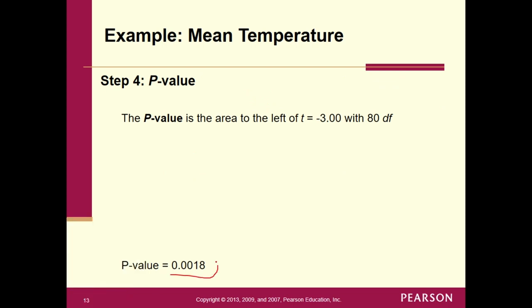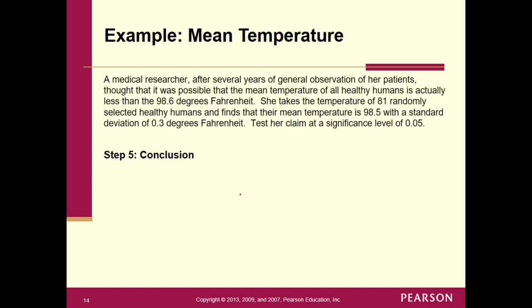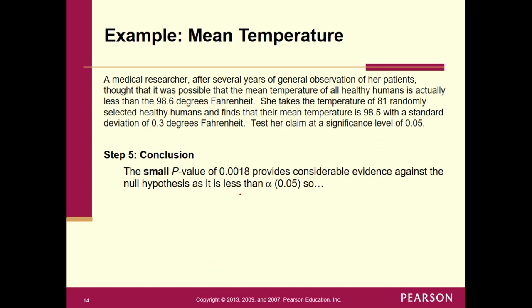Our p-value is now 0.0018, okay? So what are we going to do? We're going to compare that to alpha. So conclusion. We got a small p-value, right? It's 0.0018. That provides considerable evidence against the null. Smaller the p-value, more against the null, more for the alternative, right? Certainly less than alpha of 0.05.